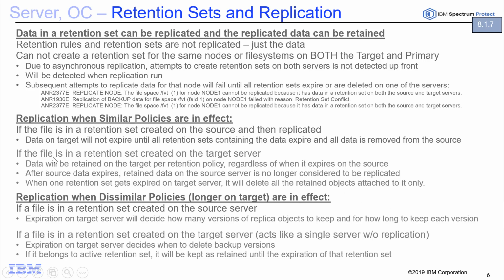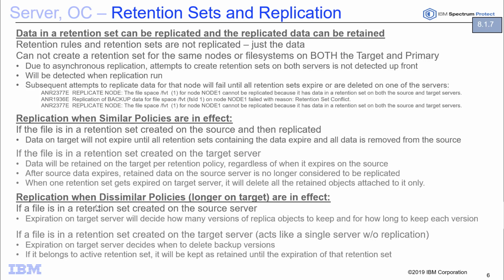If the retention set is created on the target server, then the data will be retained on the target per retention policy, regardless of when it expires on the source. After the source data expires, the retained data on the source server is no longer considered to be replicated, and when one retention set expires on the target server, it will delete only the retained objects attached to it.